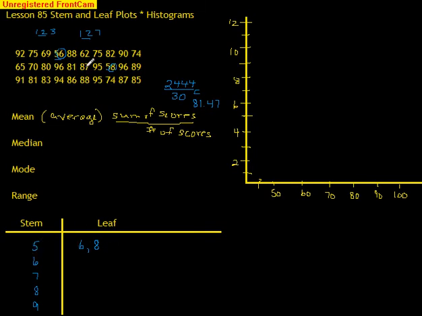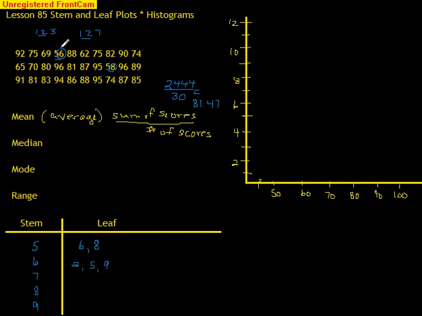Then we're going to go to our 6s. You can see this can take a little bit of time. We have a 9, a 2, and a 5. You might want to write them down as you find them. I'm just going to put those in order: 2, 5, and 9 for our leaves.